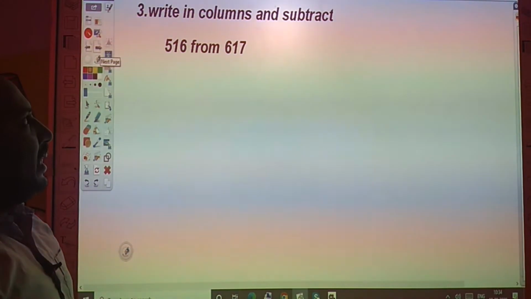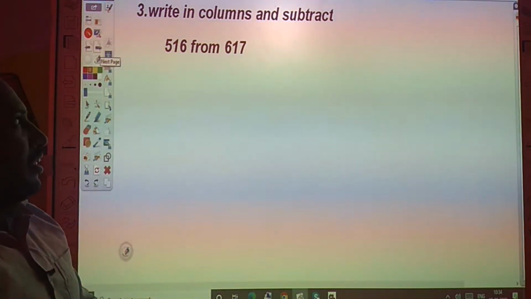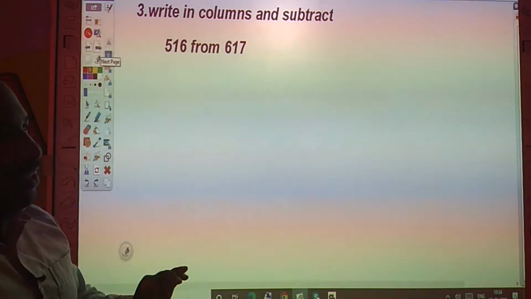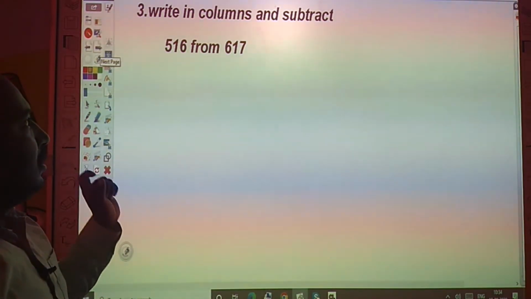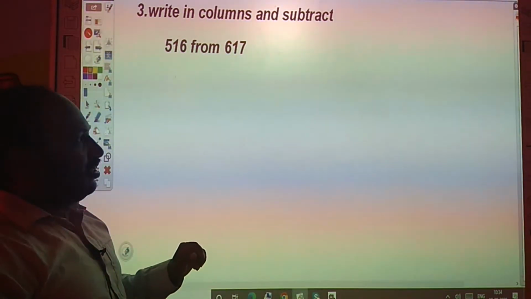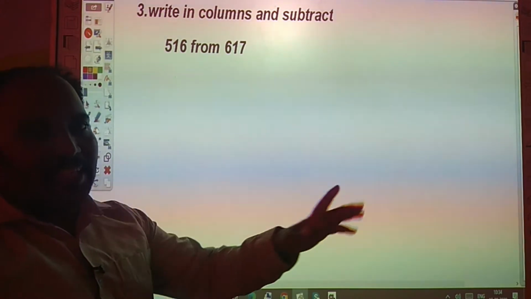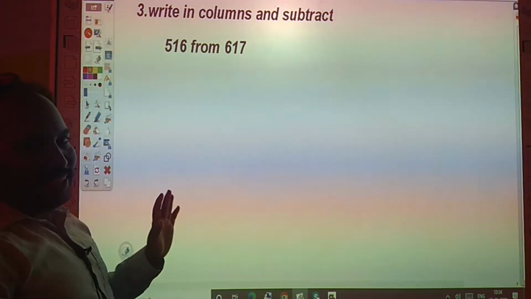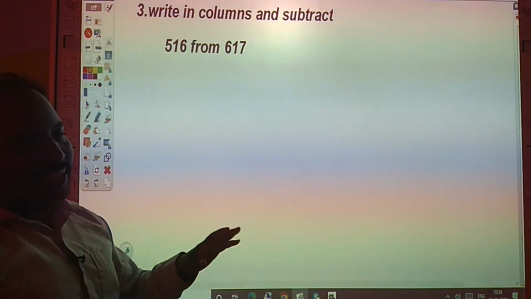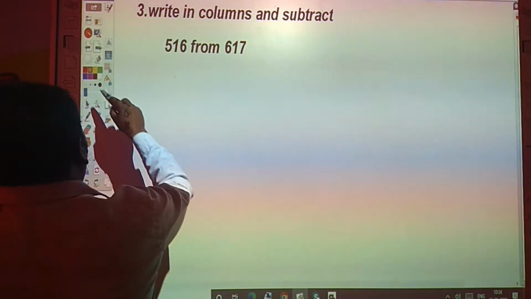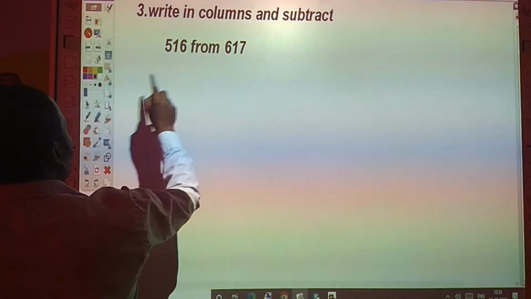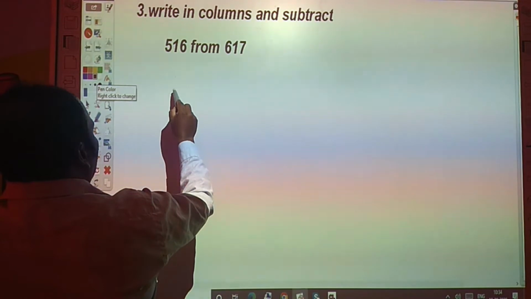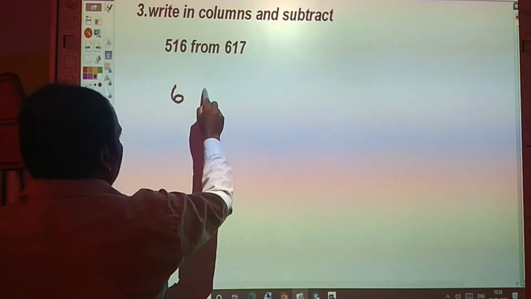Third one, write in columns and subtract. Given the sum: subtract 516 from 670.